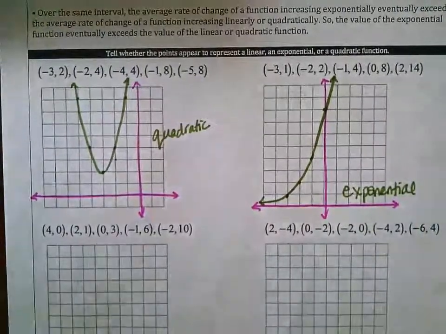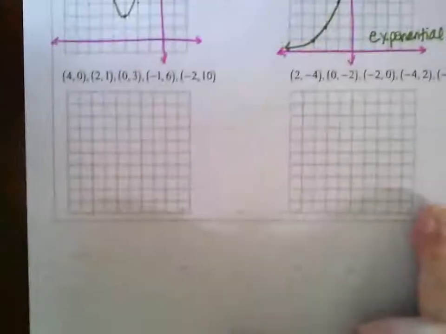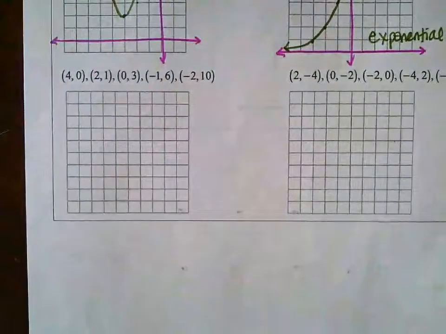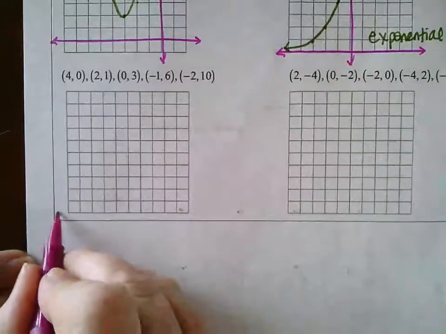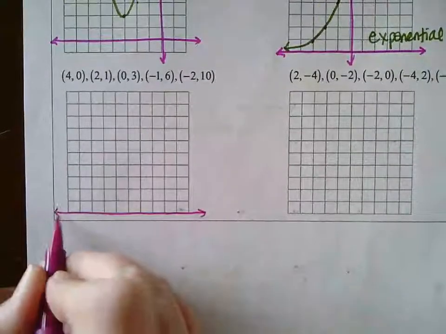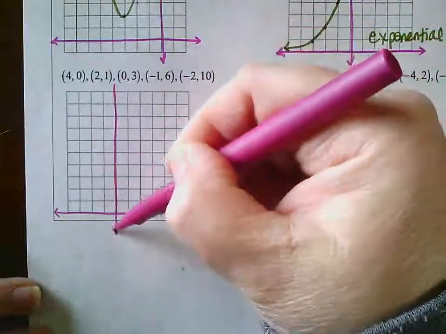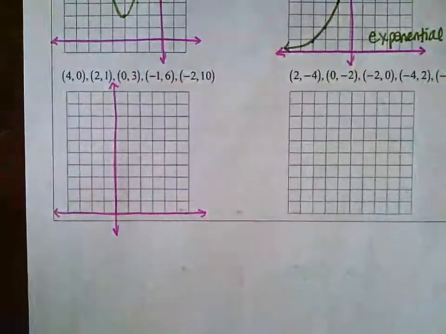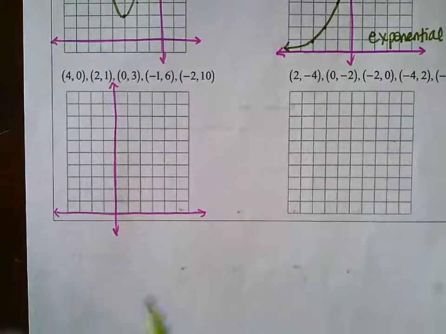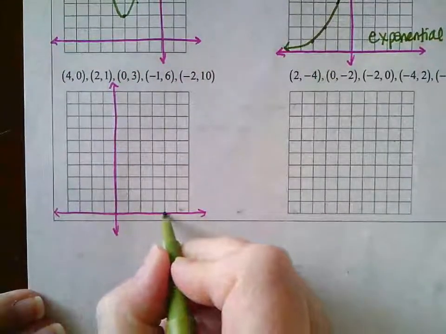Okay, a couple more. Again, I put the graph down here and here. So I could just graph my numbers. I have 4, 0.